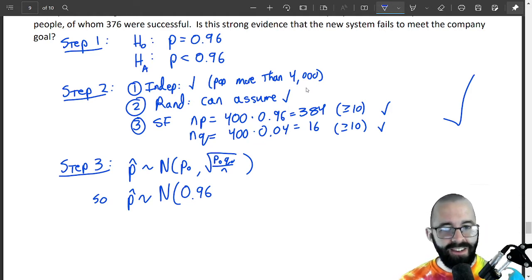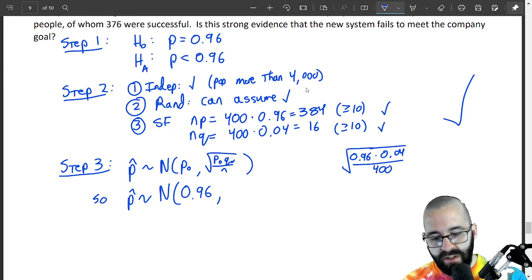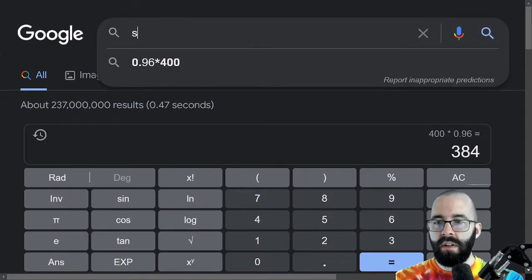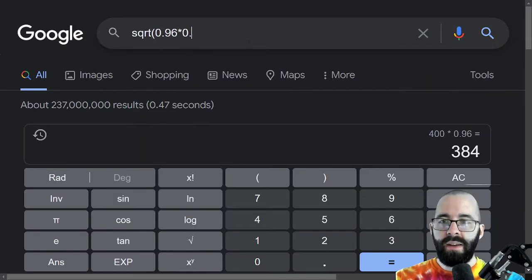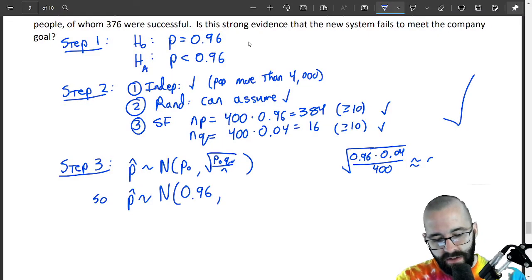So it's kind of weird in a sense that we're testing something using information from our assumption. Then go off to the side and calculate this: the square root of 0.96 times 0.04 divided by 400. The standard deviation for the sampling distribution is 0.0098.